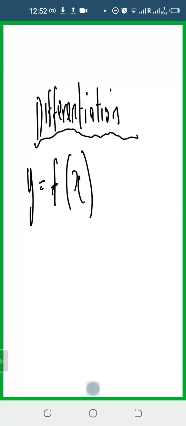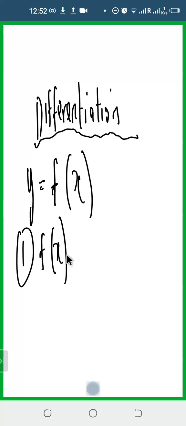I have about 8 examples here that I want us to look at one after the other. So number one, we have f(x) is equal to 100.